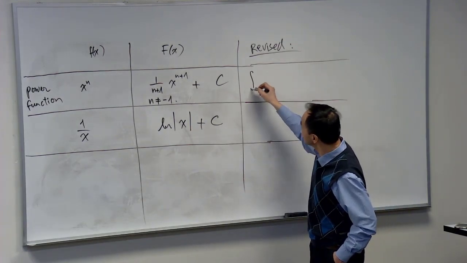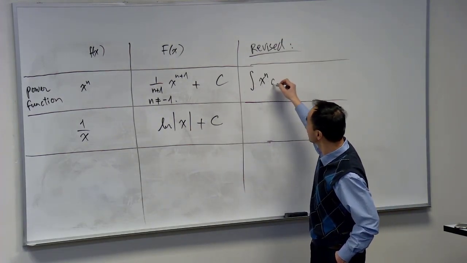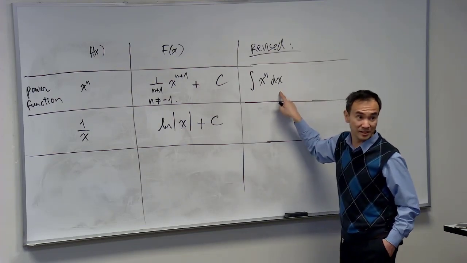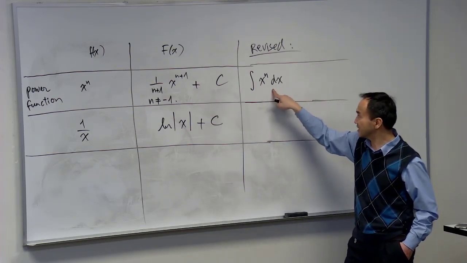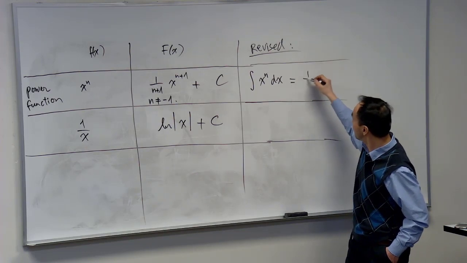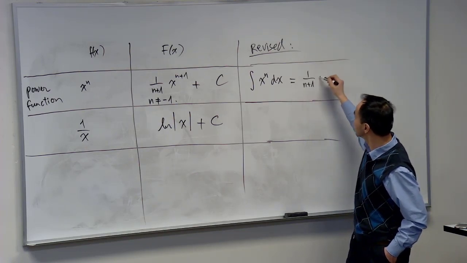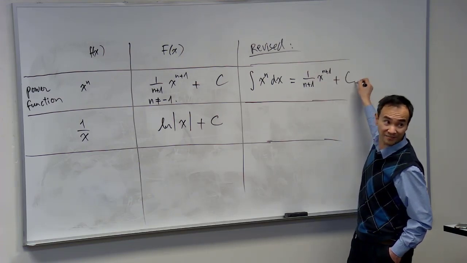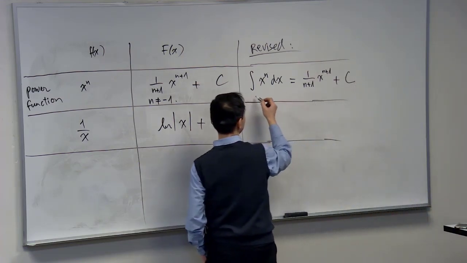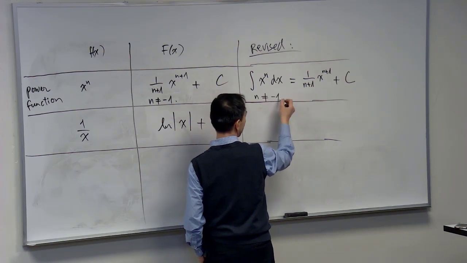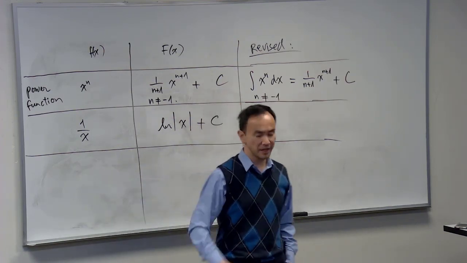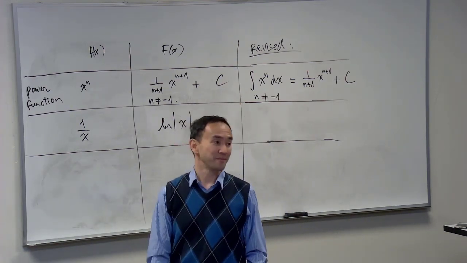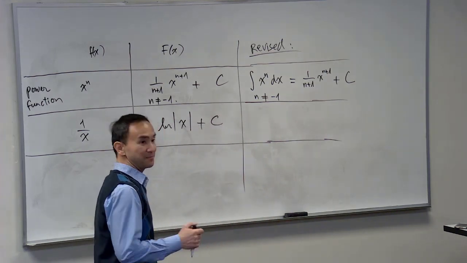Taking the antiderivative of x to the n with respect to x gives you 1 over n plus 1, times x to the n plus 1, plus c. That's how it works. And this rule only works for any power n other than -1. So it's a revised rule like that.